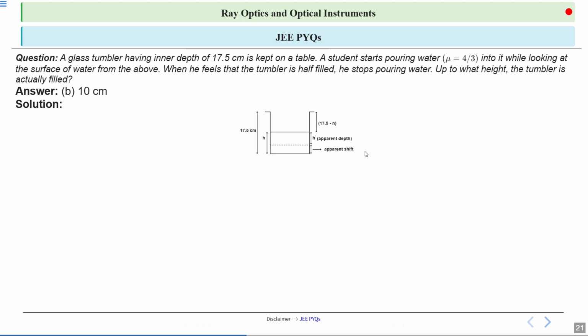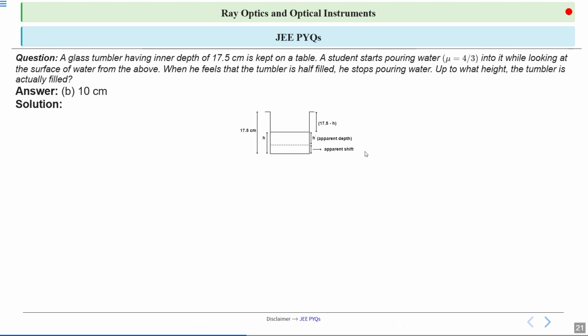So this is a figure representing the situation given in the question. The inner depth of the glass tumbler is 17.5 centimeters. A student is pouring water into it. Let's suppose he poured water up to height h.